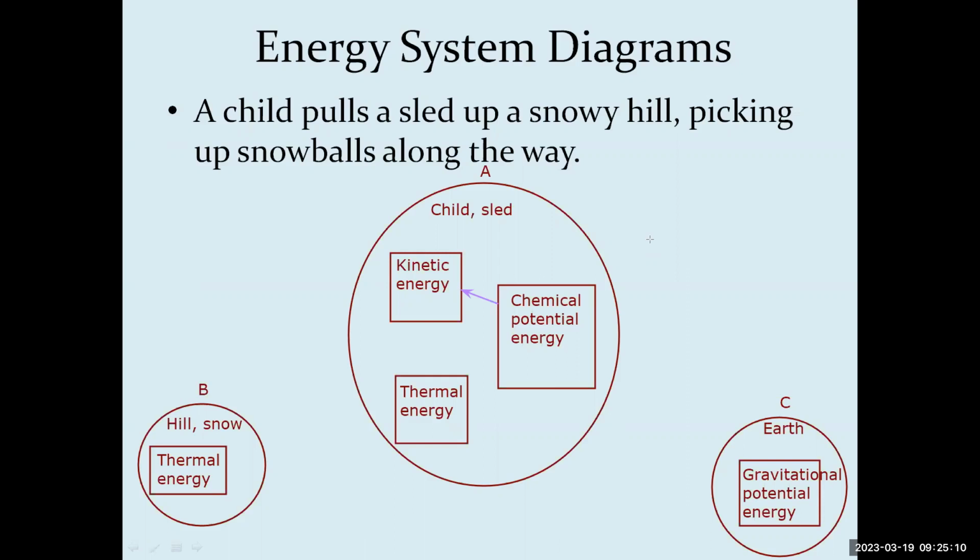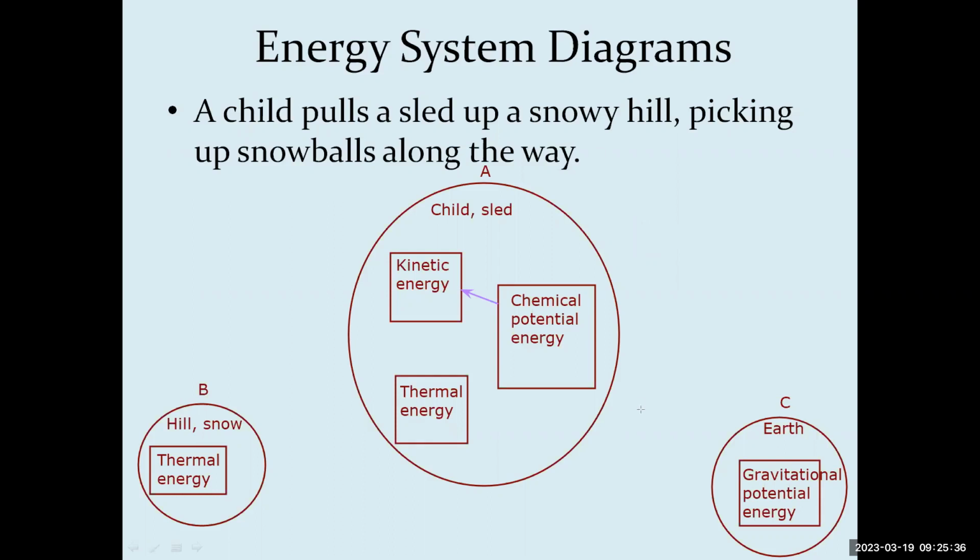Eventually, however, as the child actually makes it up to the top of the hill, I am going to have changed all of that kinetic energy that the sled gained into gravitational potential energy in the Earth's system. So that is going to be both a transformation of energy from one form to another, but also a transfer of energy from one system to another.